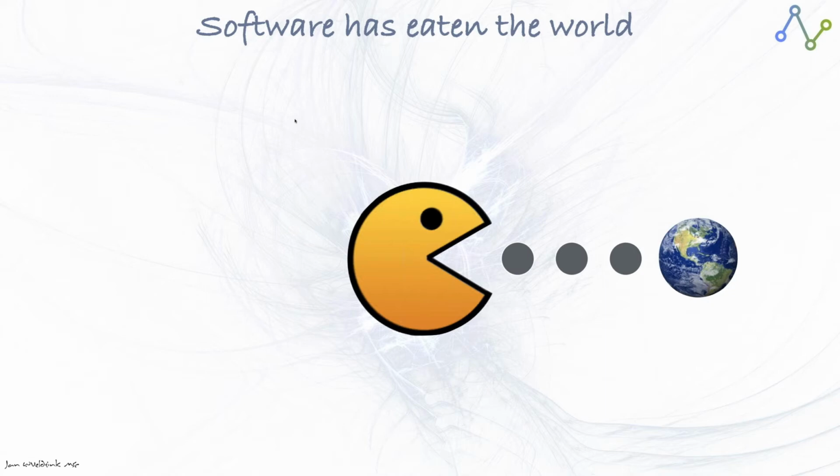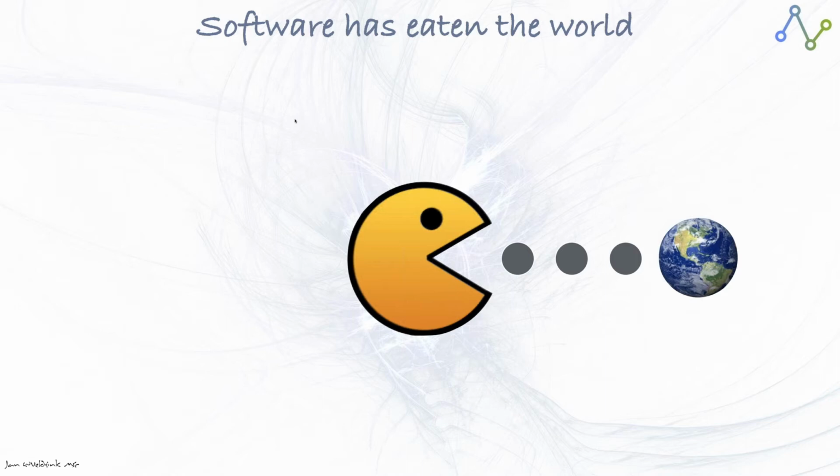Software has eaten the world, and we do eat software, because most of the software, if you really think deeply on that, is helping organizations to make better decisions. And that's the core of the thing.